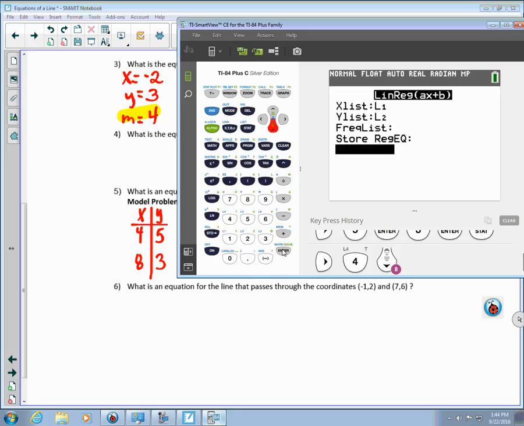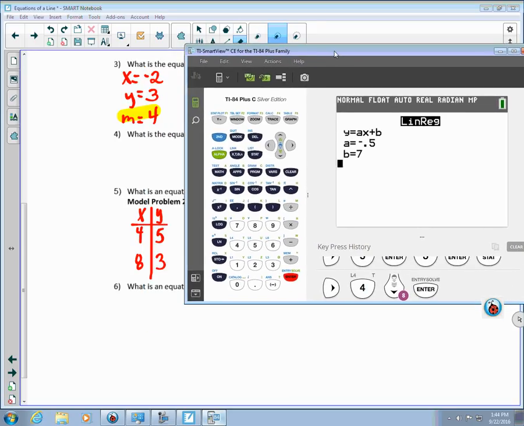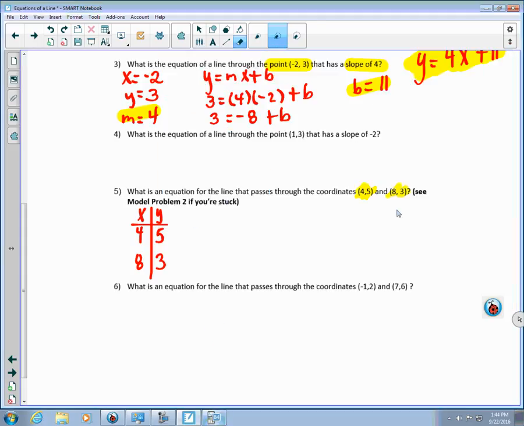All right, and then we press enter. All right, and there it is. All right, so I'm going to have to get out of here because I should have written that X over here. What was my M? It was negative 0.5, but I'm not going to write it as a decimal, correct?